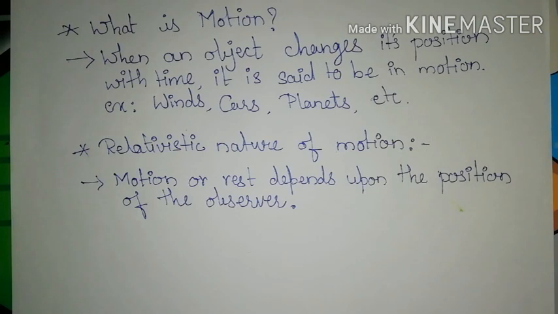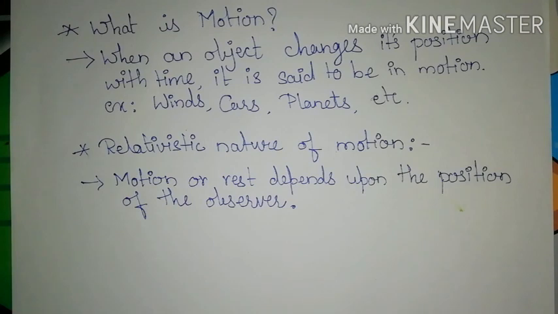If you look at an object while standing on the earth, it will appear to be at rest for you. But if you go to some other planet like Moon or Venus, then you'll see that the object on the Earth is moving along with the Earth, our planet. So this shows that motion is relativistic.